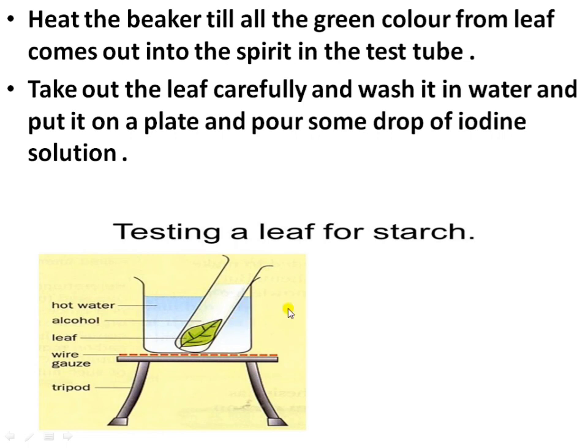After that, take out this leaf carefully, wash it in the water, put it on a plate and add some iodine solution over it. After that, you have to observe the color of the leaf. What will be the color of the leaf when we add the iodine solution over it? This is the question.